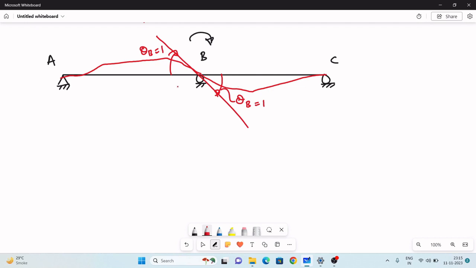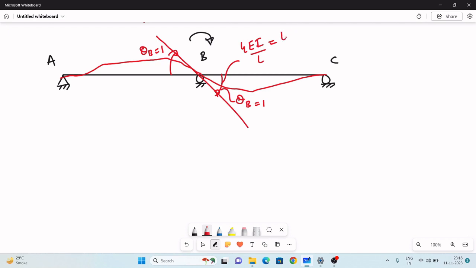Since the other ends are fixed, no moments are developed at the other ends. We have to assume that whenever you are applying unit rotation at any joint, the other joints will be assumed as fixed. So here the force will be 4EI by L. I for BC span is 1.5I.